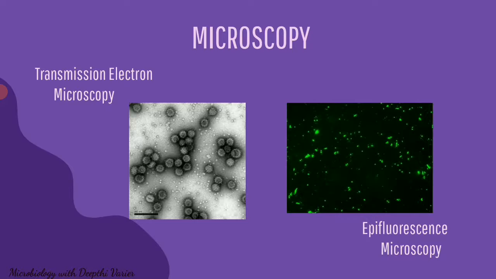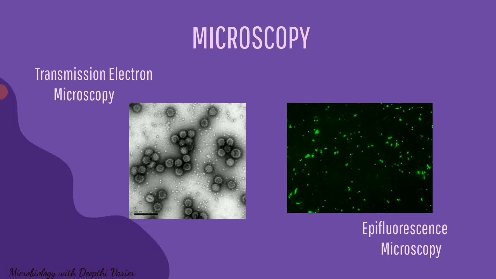Another type of microscopy which can be used for counting the viral particles is epifluorescence microscopy, which is also called wide field fluorescence microscopy. Here we use a stain, for example SYBR Green I stain or SYBR Gold stain. So we use a fluorescent dye which is going to stain the particles, and then we count the fluorescently stained particles, something similar to how we do it in flow cytometry.